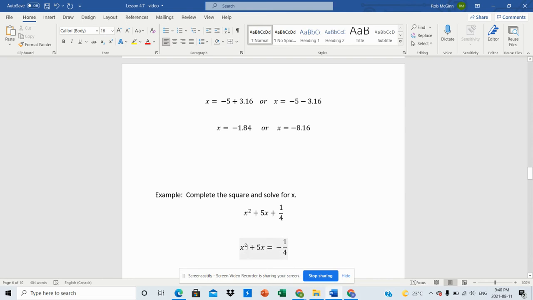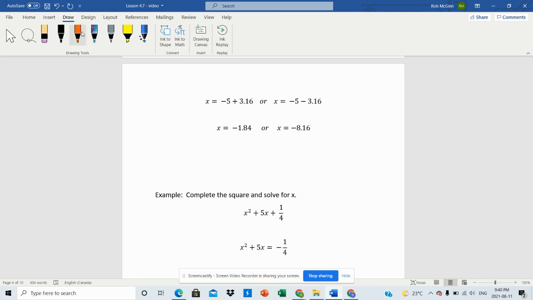Now I'm going to follow my same process I followed before. I want to find the number that's going to make this a complete square. And I can use my 2ab, so let's just pull out my marker here.